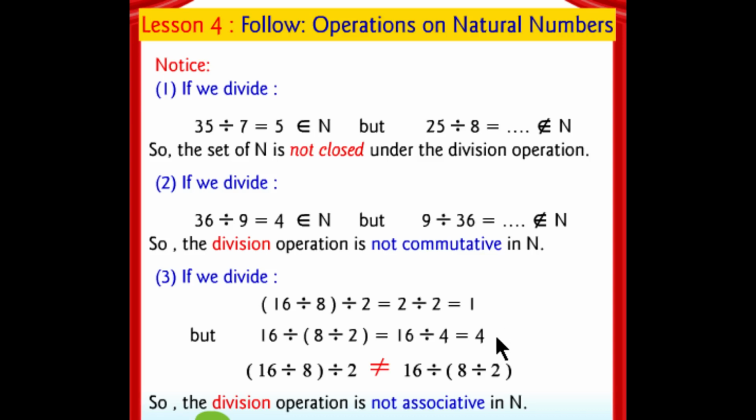Then 1 does not equal 4. Then 16 divided by 8 divided by 2 does not equal 16 divided by 8 divided by 2 between two brackets. So the division operation is not associative in natural numbers.